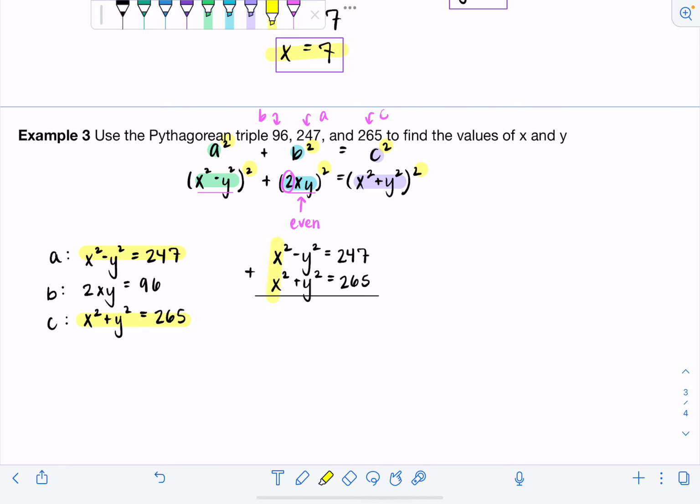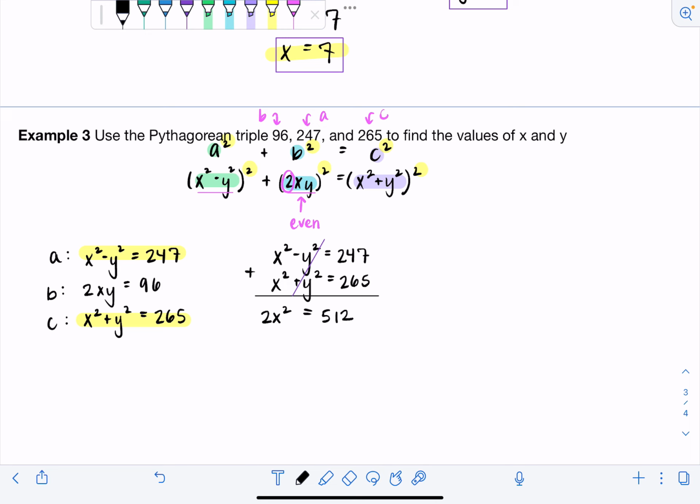So x squared plus x squared would be 2x squared. And then negative y squared plus y squared just cancels out to 0, so I just cross that off. And then equals 247 plus 265, which is 512.